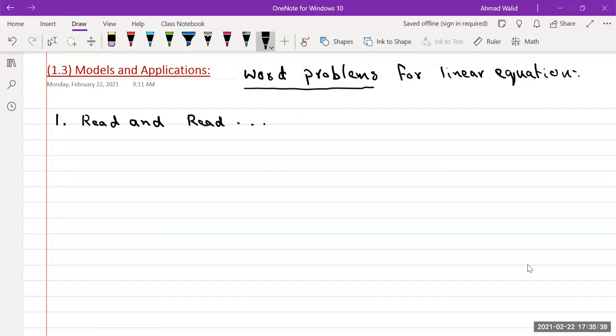Read it really carefully. Do not read fast, correct? Because you want to translate the word to algebra, correct? Later, I'll show you the process.